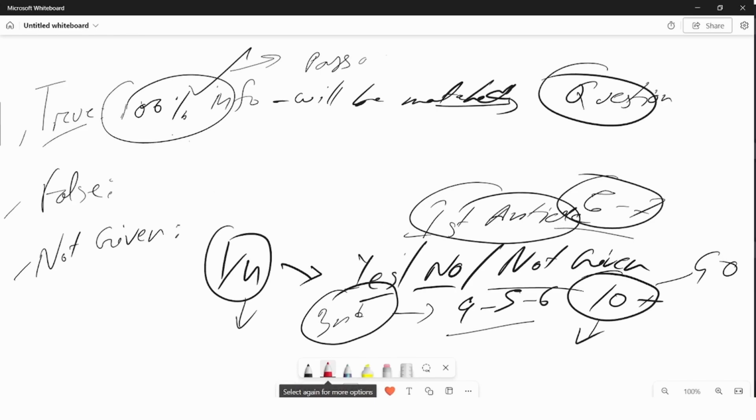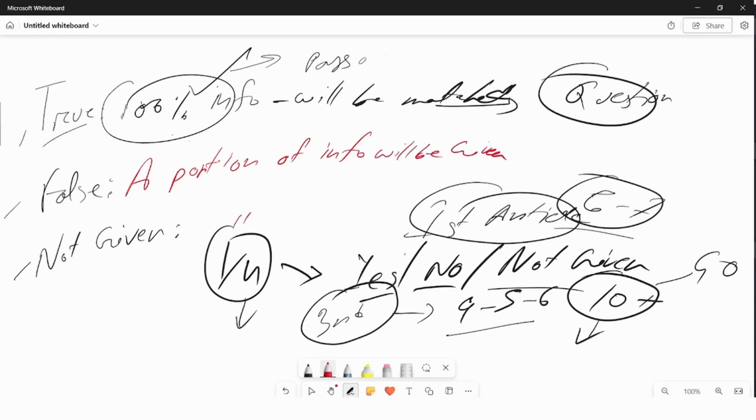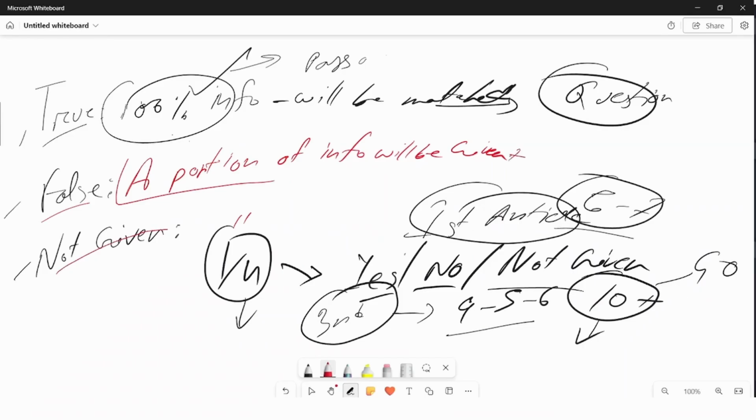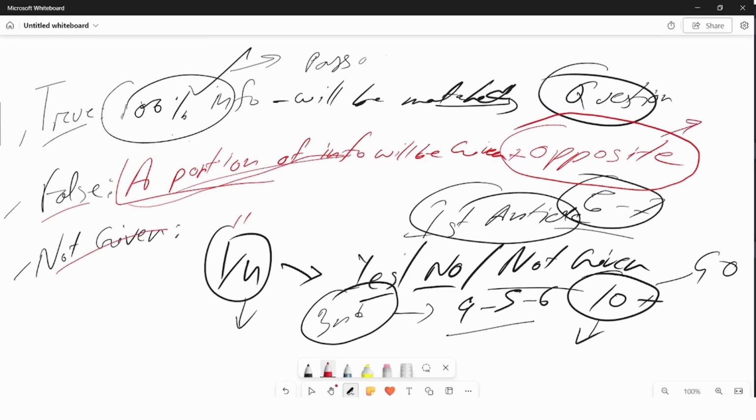The main similarity between false and not given is that a portion of the info will be given, the same things, for both false and not given. Then what is the difference? For false, a portion of info, not everything, will be given opposite.